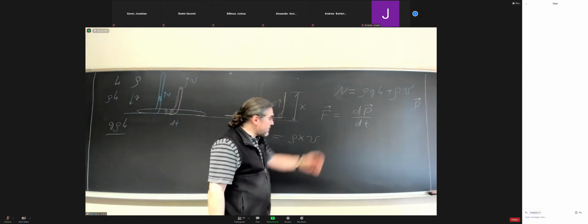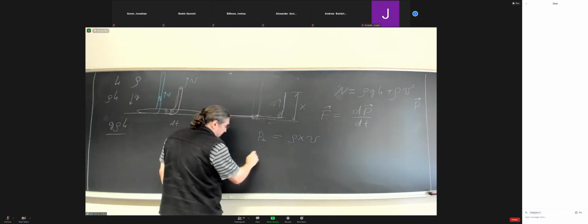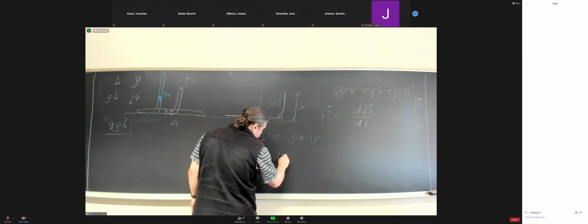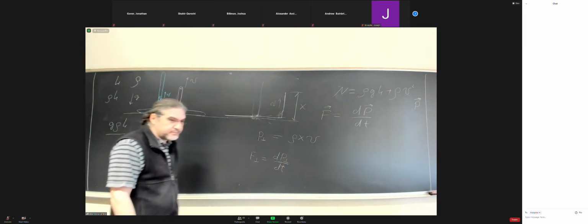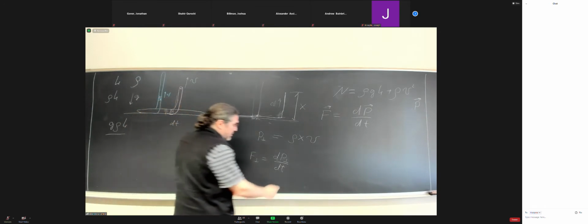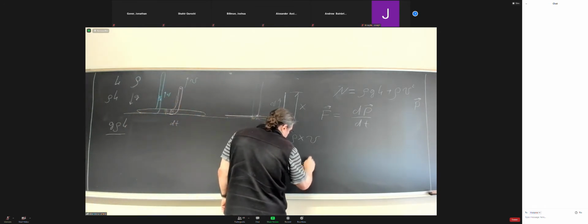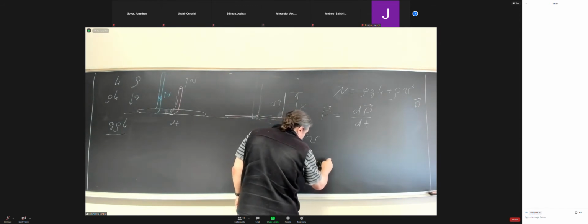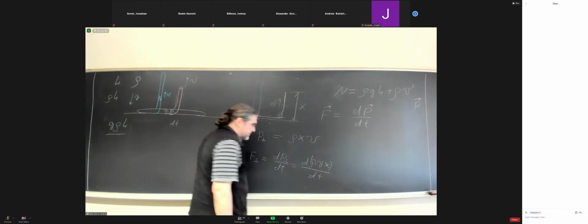Now looking at this equation, F perpendicular equals dP perpendicular divided by dt. I need to take the derivative. I have my momentum here, it's rho x v.